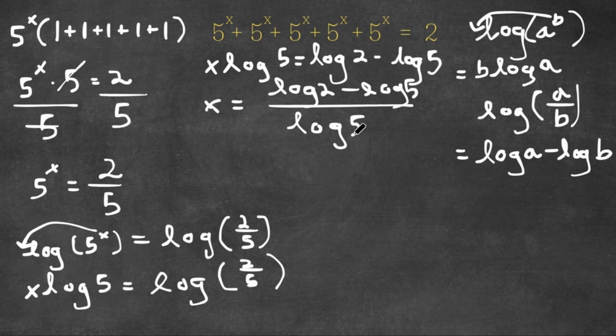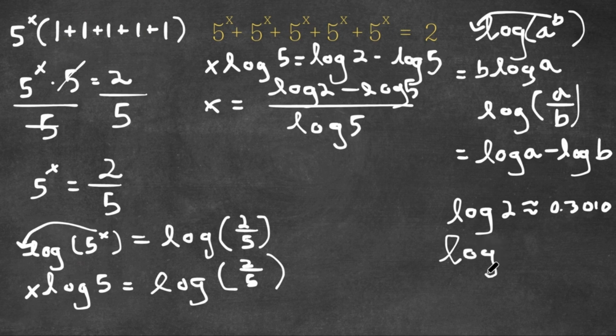Now, the value of log 2 is approximately equal to 0.3010. And log 5 is approximately 0.6990.